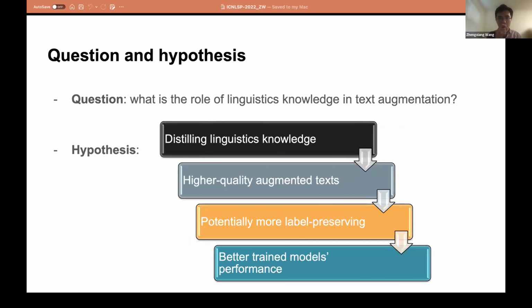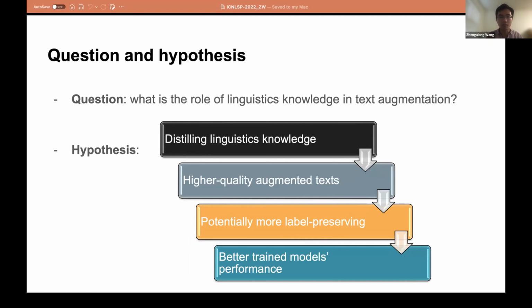My question related to this is: what is the role of linguistic knowledge in data augmentation? If we add some linguistic knowledge to some data augmentation techniques, will that help the quality of the augmented text?